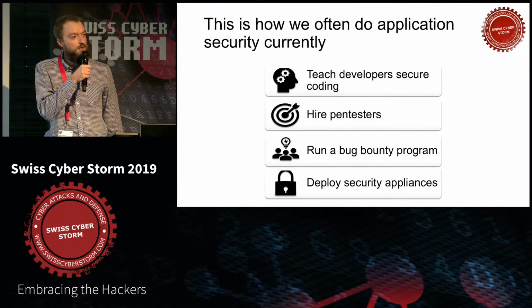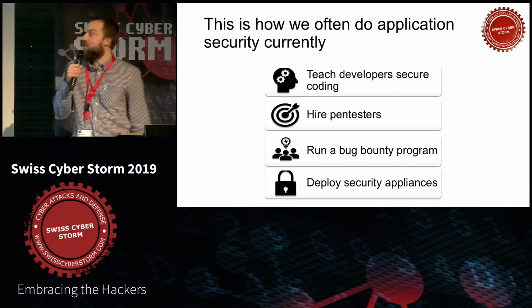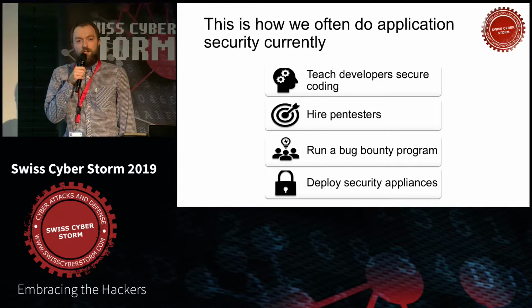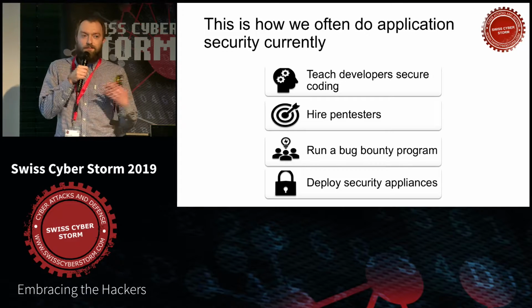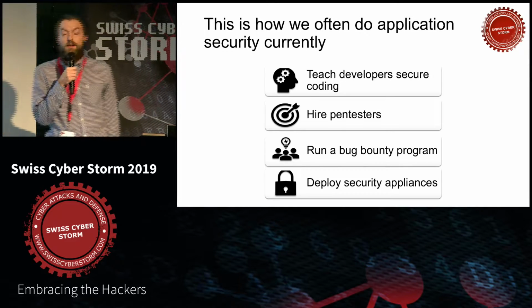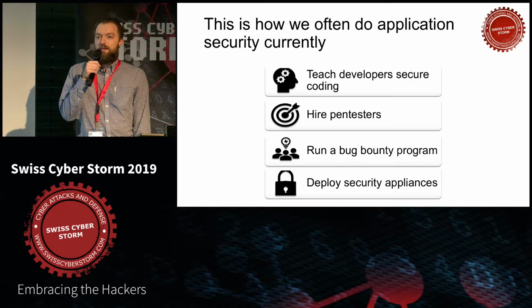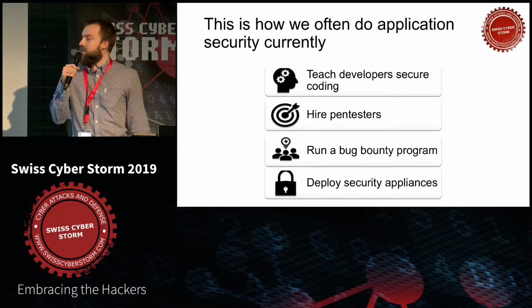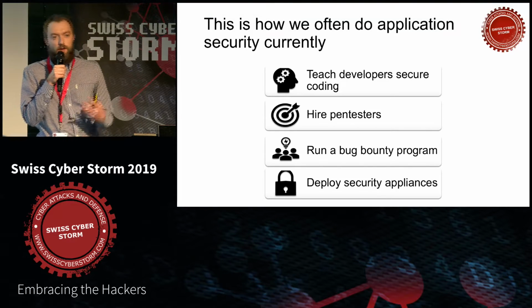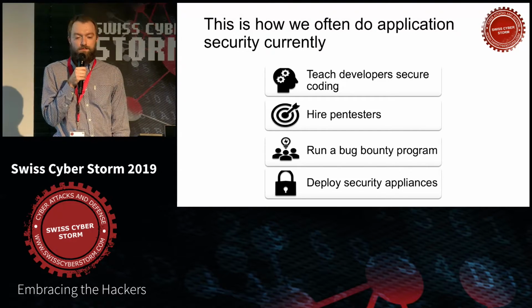We hire a pen tester each year or each half year to conduct penetration tests of applications. We maybe run a bug bounty program, then we are already quite advanced, and it's definitely getting more popular these days, which is very good for security. And we certainly deploy some kind of security appliance like a WAF or an IPS or something like this.